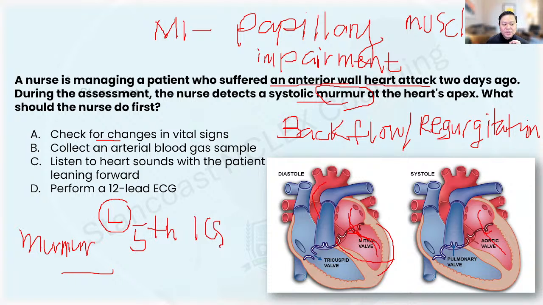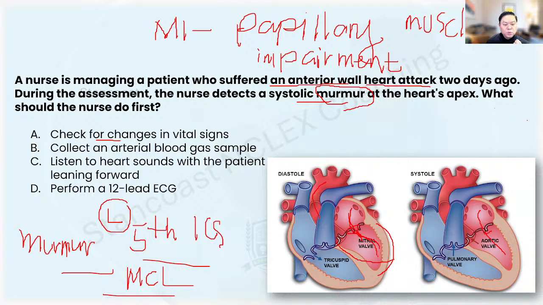Okay, again, the site of the murmur will be best heard in the left fifth intercostal space, mid-clavicular line, MCL. Left fifth intercostal space, mid-clavicular line. And this is going to be aggravated, especially when the person is supine. Okay, let me clear my wall here.